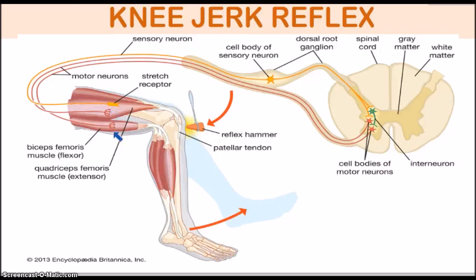So to extend the leg quickly, the quadriceps femoris muscle contracts, and that causes the leg to extend, while the flexor muscle relaxes. That is basically the knee-jerk reflex action in a nutshell. The stimulus is the hammer tapping upon the knee, and the response is the leg flipping up quickly.